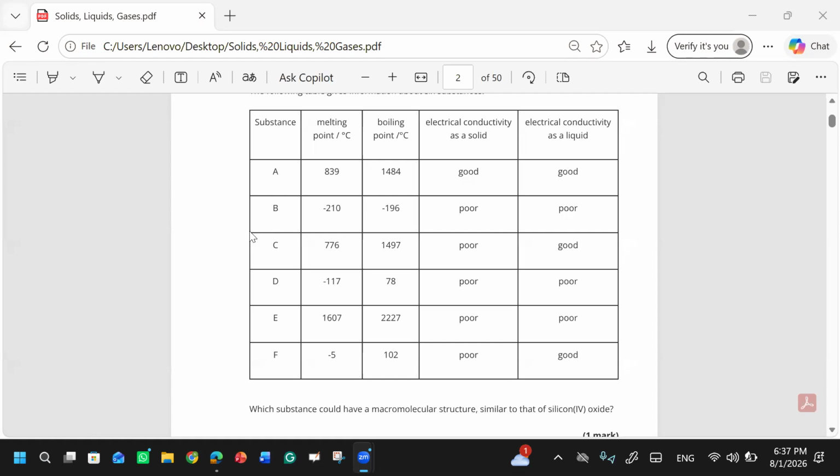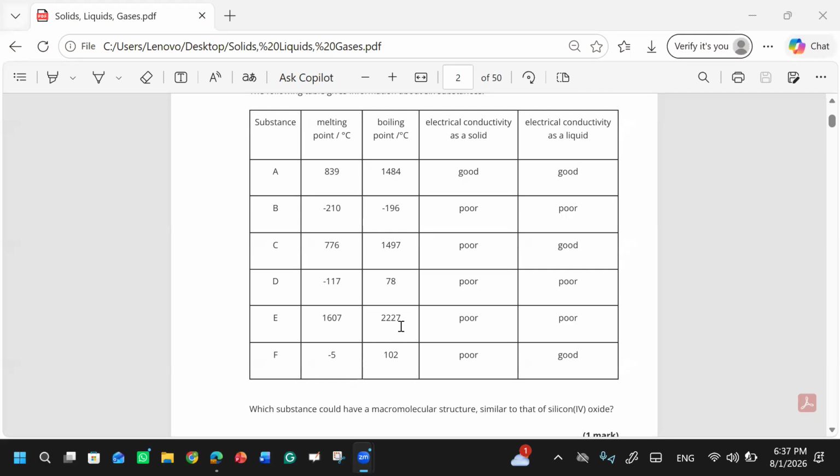Which type of bonding is this? This is covalent bonding, not ionic bonding, because silicon is not in that group. In which group is silicon? Plus 6 and -2.